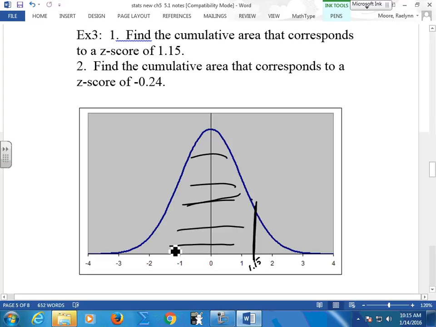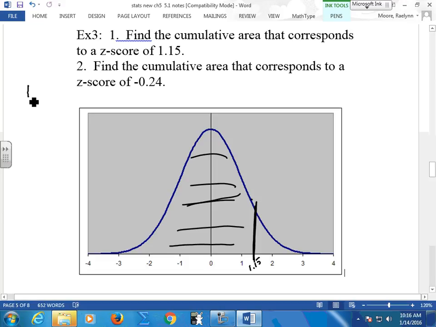We looked things up on your table already. I did it ahead of them in chapter 2 because I said you were going to need to do this. Now, just by looking at this graph, should it be more than 50% or less than 50%? More, right? It covers more than half of it. So go to your table.